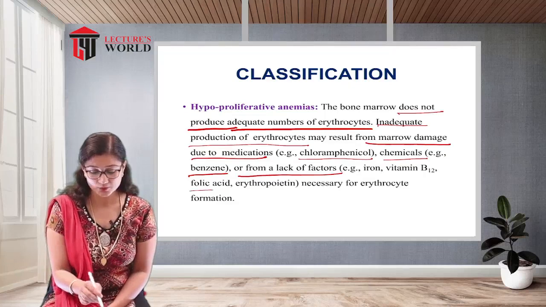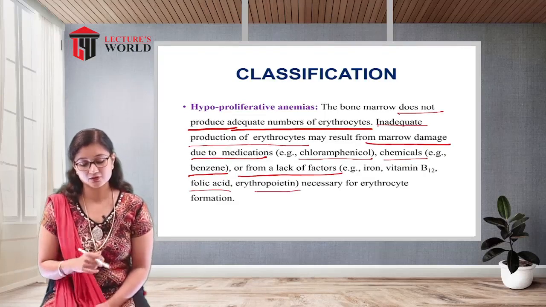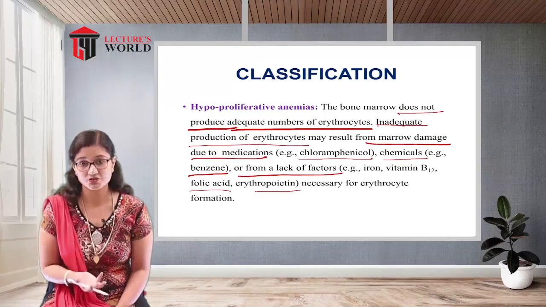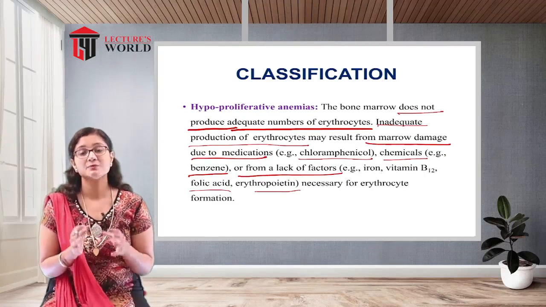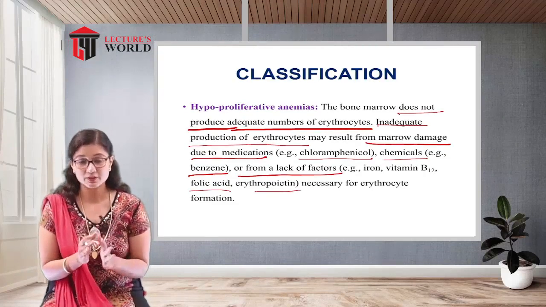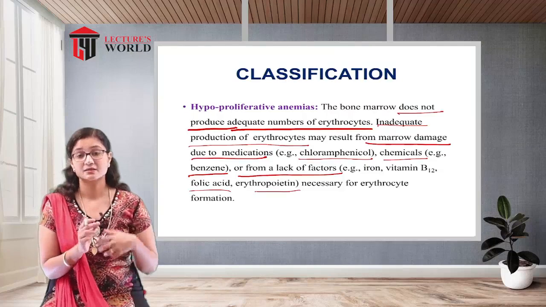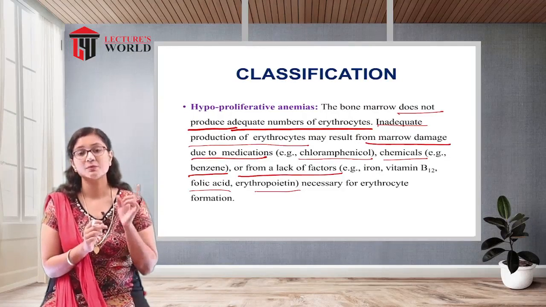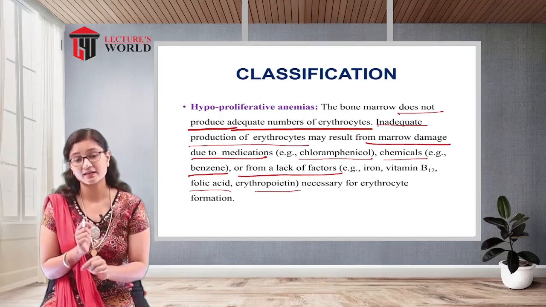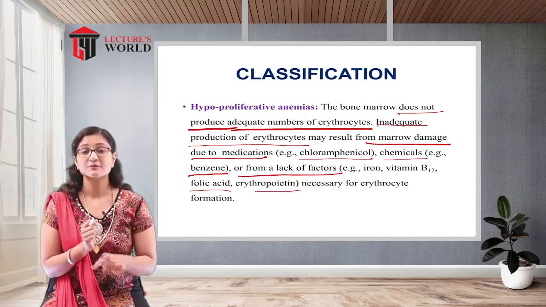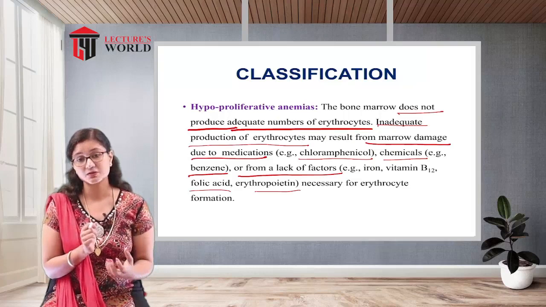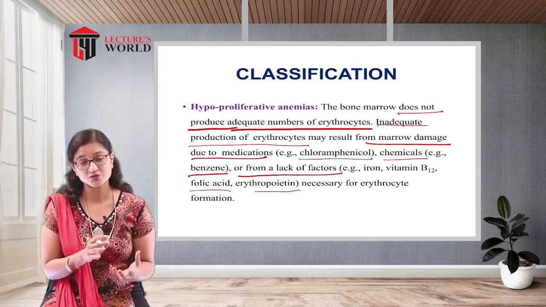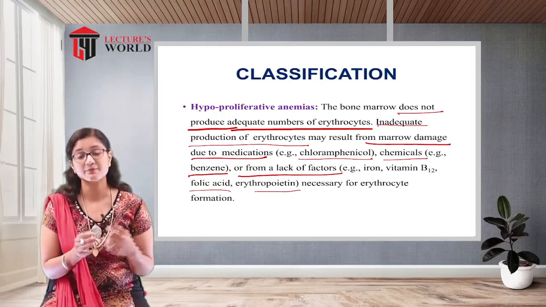Folic acid and erythropoietin are necessary for erythrocyte, that is RBC, formation. So most commonly in hypoproliferative anemia, the production of RBCs in the bone marrow is less, mainly because of lacking these essential factors required for the formation of RBCs.